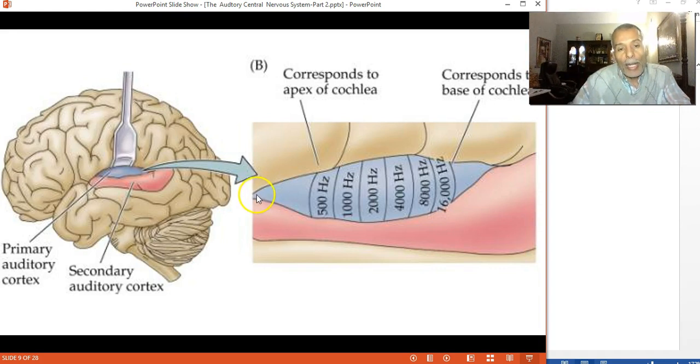So you begin here. This area is going to process 20 or 25 hertz. This area will process higher and higher pitch levels until, for example, here 500, you go back 1000, and then you keep going all the way to 20,000 hertz. Now you remember this sequence. That is the exact same sequence from the cochlea.